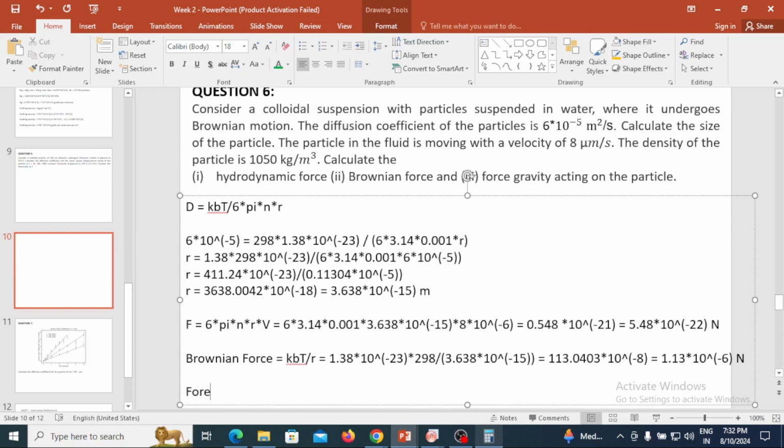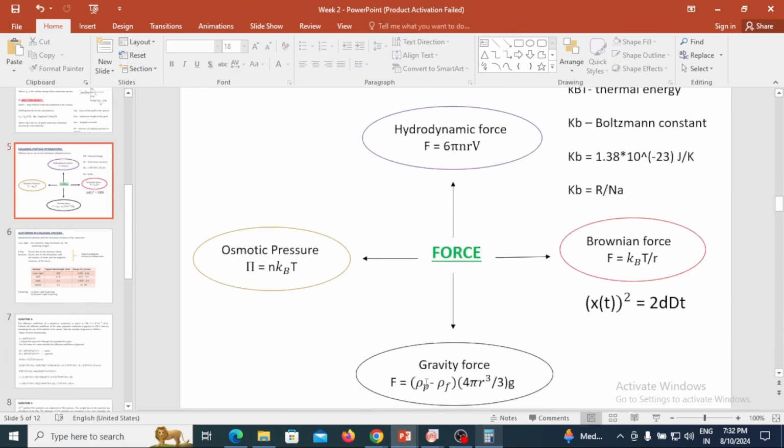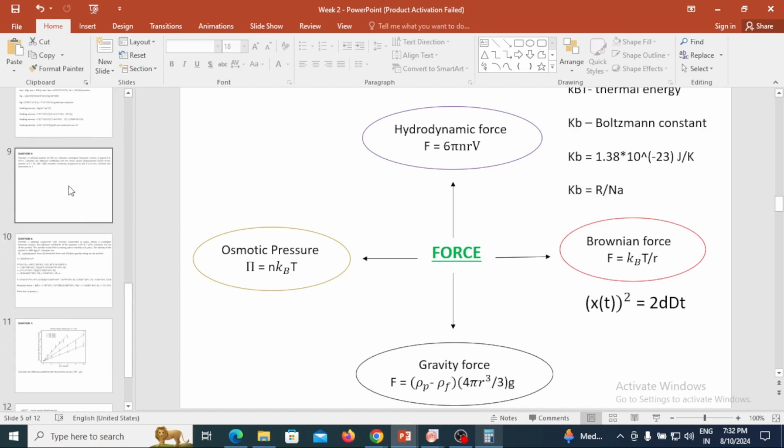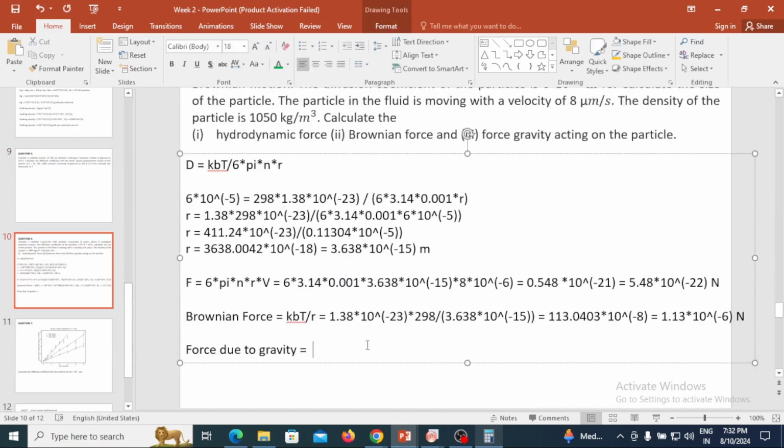Now the force due to gravity. That is rho P, the density of your particle, minus rho F, the density of the fluid, times 4 pi R cube by 3 times G. 4 by 3 pi R cube can also be written as pi D cube by 6.